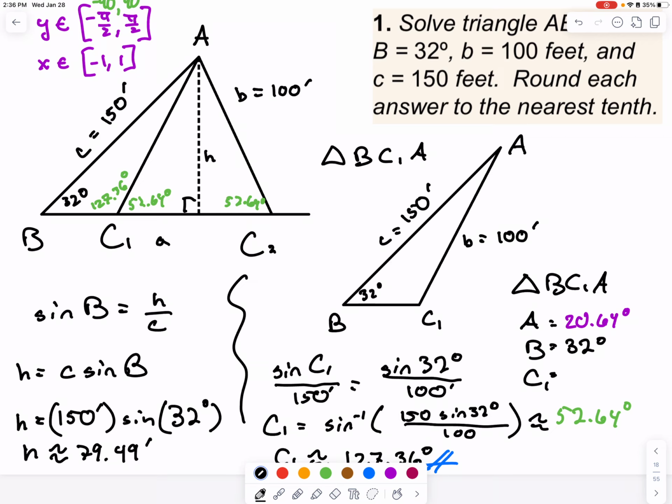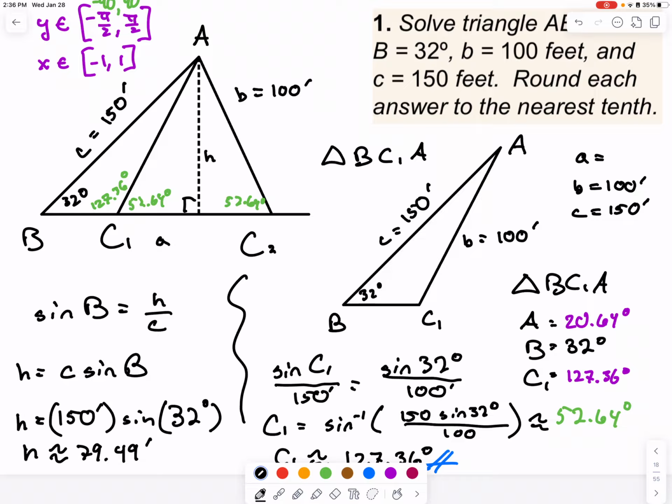Angle C1, we got 127.36 degrees. I'm kind of out of space, so I'm going to rearrange everything momentarily. Then side A, I think we still need to calculate that one. We'll come back to that. Side B looks like it's the given 100 feet. Side C is the 150 feet.